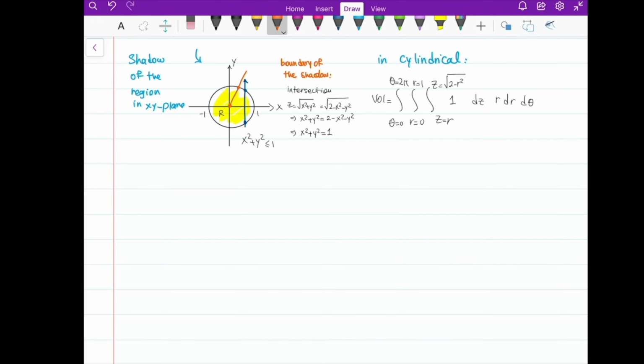So I'm gonna start with the inner integral. The integral of 1 dz is just z, which is from r to square root of 2 minus r squared. So what do I have? I have the integral from 0 to 2 pi, 0 to 1, and then I'm gonna plug in this one for z.